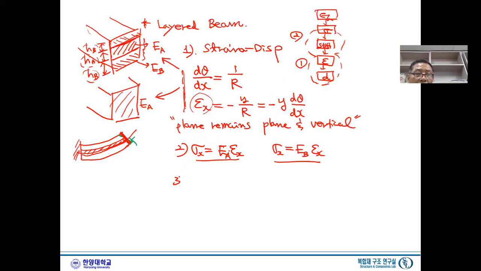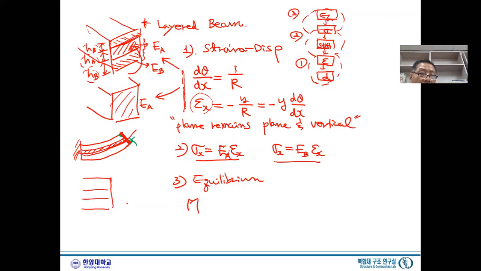Now, the third part is the equilibrium. Equilibrium means that we apply the moment here, and this moment will cause a certain stress distribution. I will just write down the section like that. We apply the moment here.